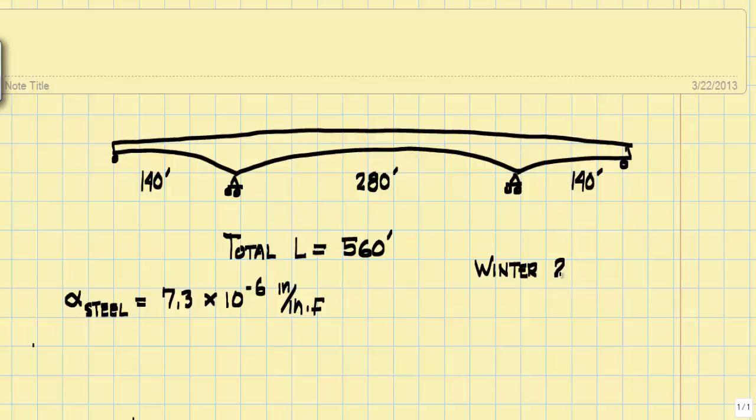So, looking at the temperatures, if the bridge is 20 degrees during winter and then it warms up to 100 degrees in summer in the sun, we've got a difference in temperature of 80 degrees.